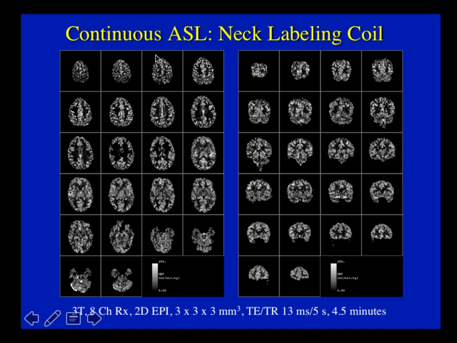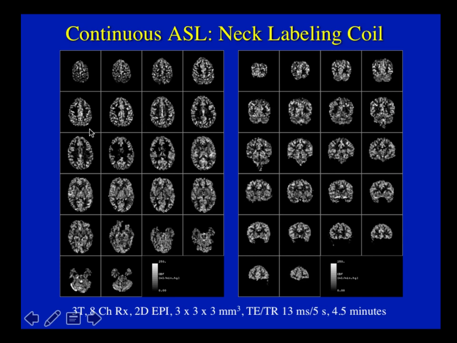Here's another example of continuous ASL data acquired with an 8-channel receiver coil, at a little bit higher resolution. The imaging sequence here was a 2D echoplanar imaging sequence rather than the 3D spiral imaging sequence in the previous slide.